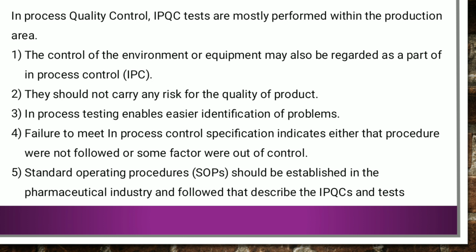Failure to meet in-process control specifications indicates either that procedures were not followed or some factor was out of control. Here, with the help of IPQC, if we are not getting the desired result, it indicates that either the procedures which were specified are not followed, or the environmental condition or any of the conditions which has to be under control was not under control.